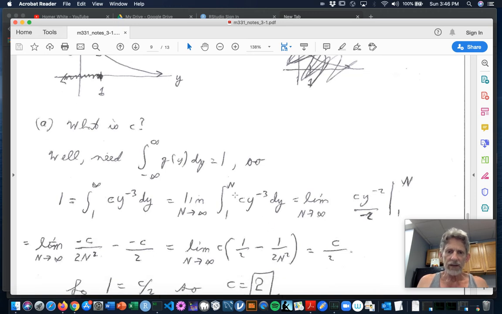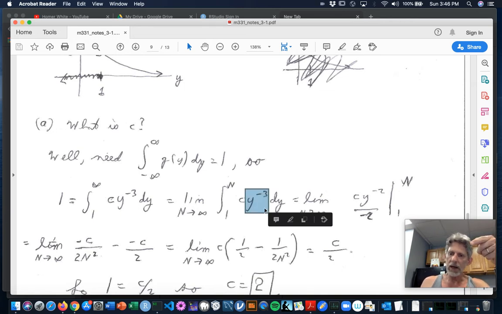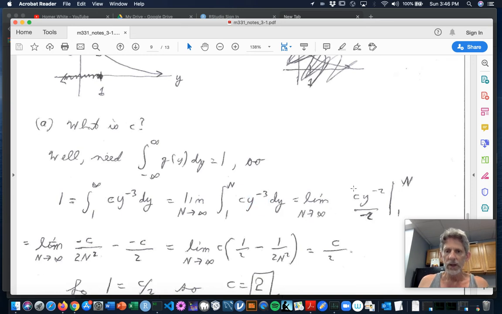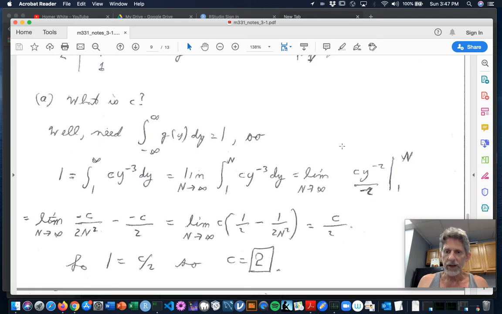And I guess I'll go ahead and take the antiderivative. And the antiderivative of y to a power is y to 1 bigger power over that 1 bigger power. So y to the minus 2 over minus 2. So that's like the power rule for antiderivatives. And the constant multiple still floating around outside. And I've got to evaluate that between 1 and n.